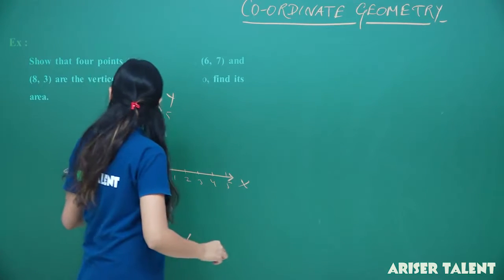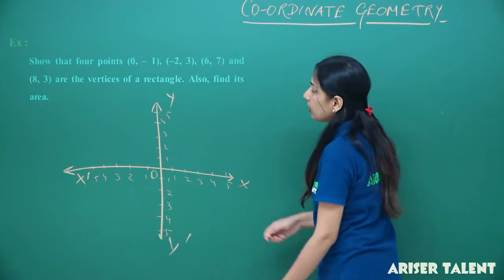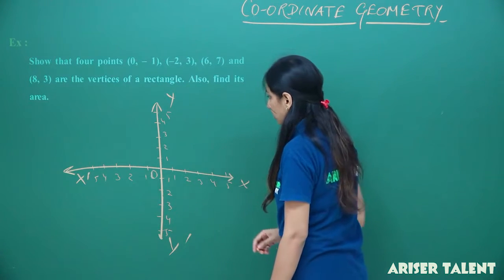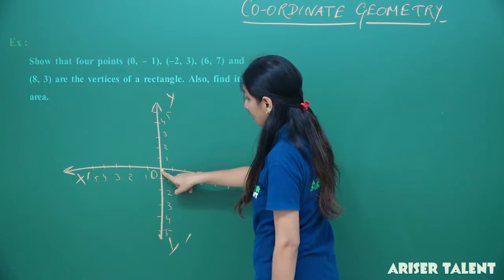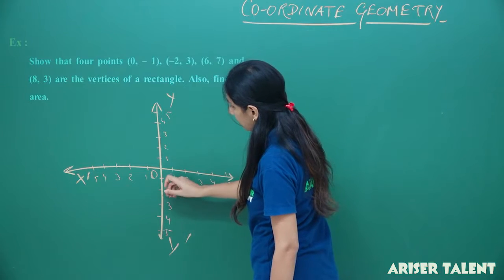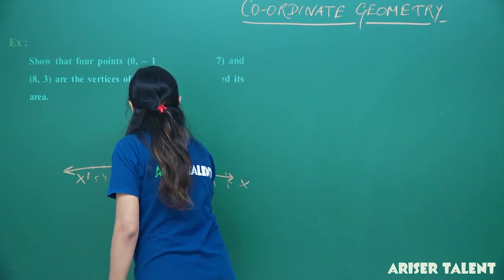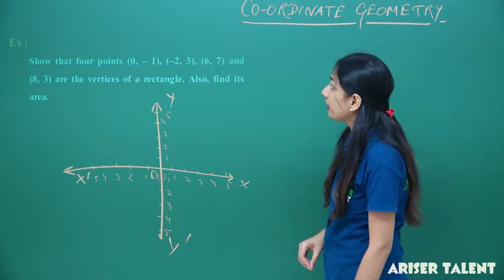Positive, negative. Now the first point is x is 0 and y is -1. So x is 0 here and y is -1, which is here. So the point will be something like right there. Now the second is (-2, 3).